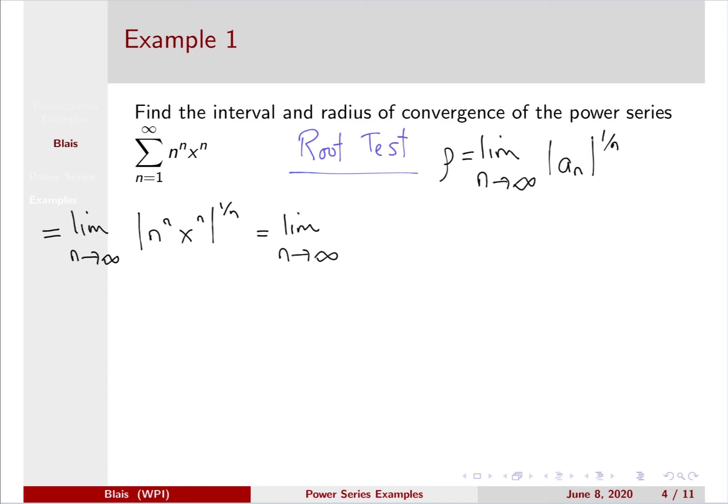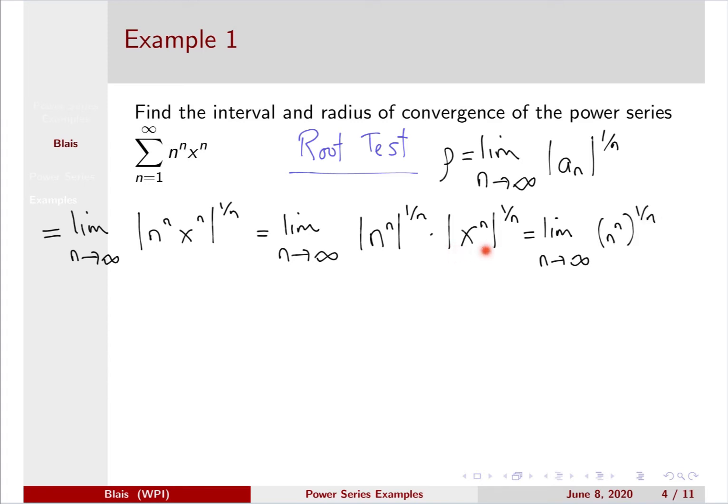We now need to simplify this, and we notice we can distribute the 1 over n amongst two absolute value terms. So we have the absolute value of n to the n raised to the 1 over n, times the absolute value of x to the n raised to the 1 over n. We then note n is positive, since we're looking at the limit as n goes to infinity. So n to the n is positive, which means we can drop the absolute value signs.